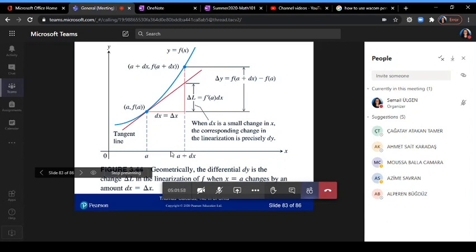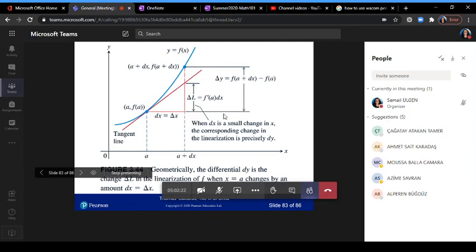So this distance, the differential that we call dx, is the same as delta x. And what is dy? Dy is just a little bit different. It's not going to be delta y. Delta y is just f of a plus dx minus f of a.